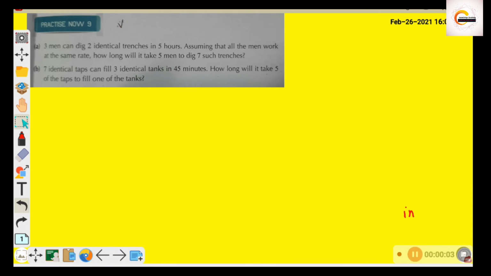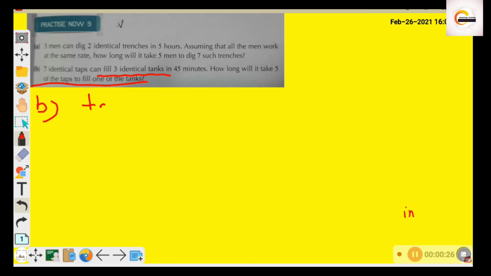Question 9, practice question 9, part B. 7 identical taps can fill 3 identical tanks in 45 minutes. How long will it take 5 of the taps to fill one tank? Okay, so again 3 variables are involved over here.